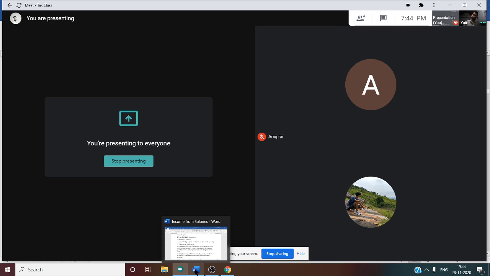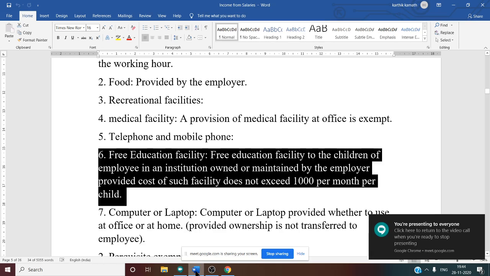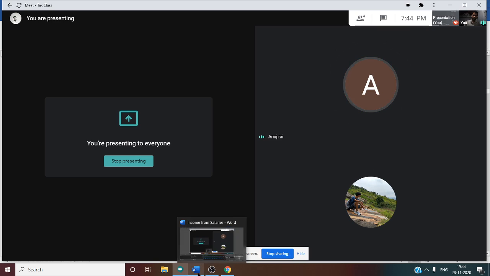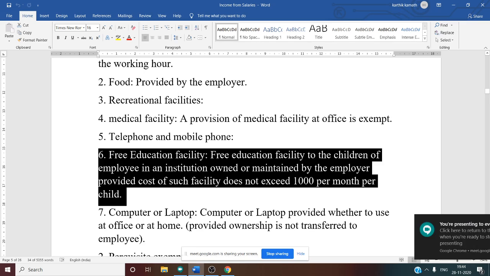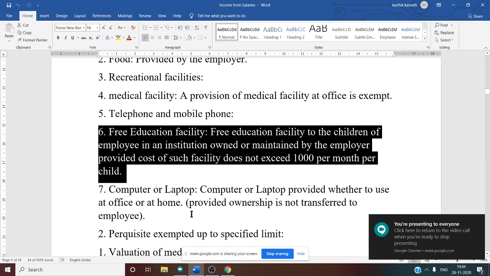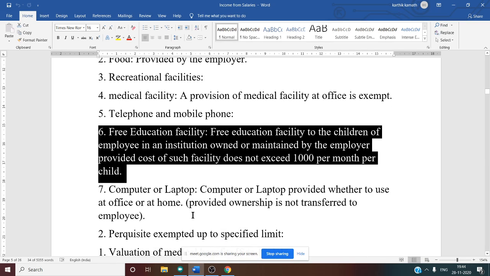It is a facility given to the employee to meet the expenses of his child, from the company, sir. Yes, from the company. So that is about free education facility. In that case, up to 1000 is exempt per child. Suppose the employee has three children. For every child, up to 1000 is exempt. Above that, it is taxable.